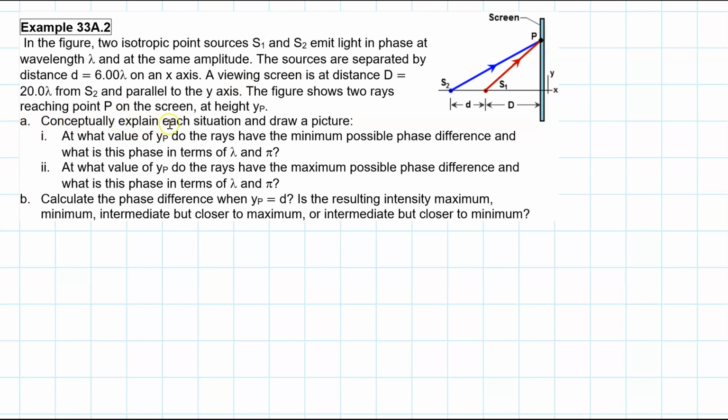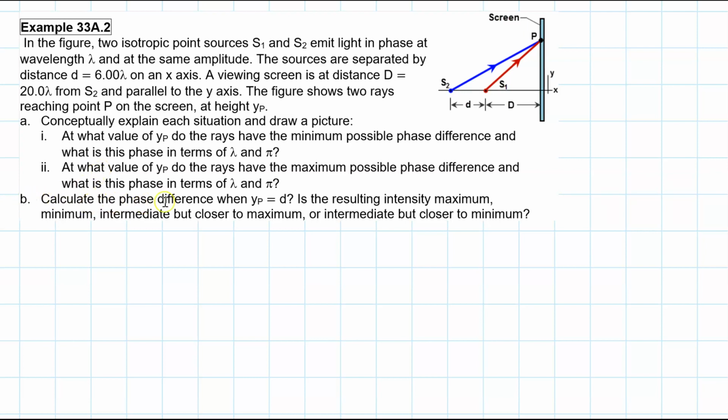A. Conceptually explain each situation and draw a picture. At what value of y_P do the rays have the minimum possible phase difference, and what is this phase in terms of lambda and pi? At what value of y_P do the rays have a maximum possible phase difference, and what value in terms of lambda and pi do you get for the phase?